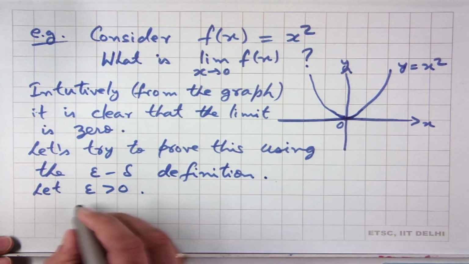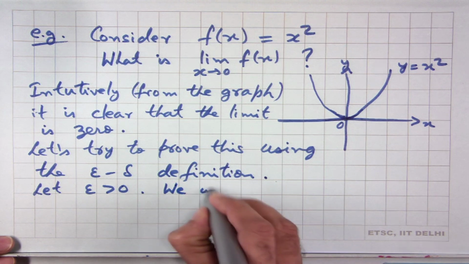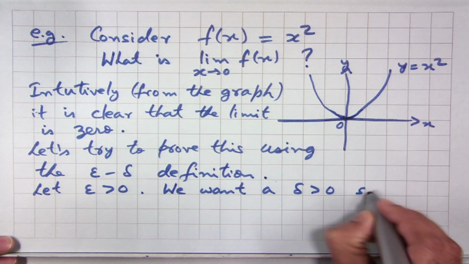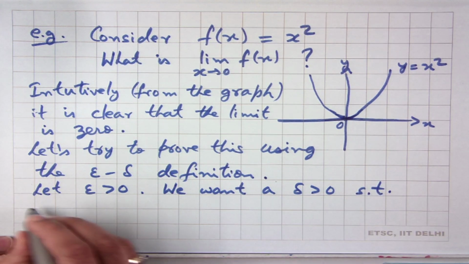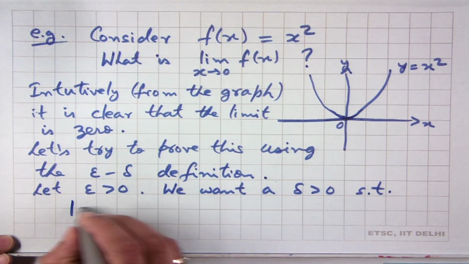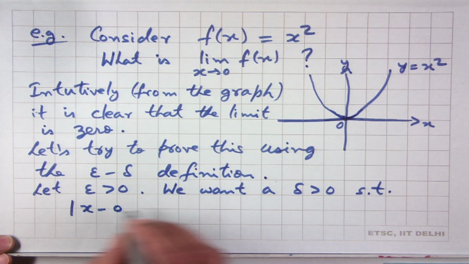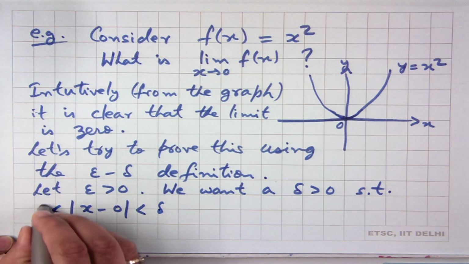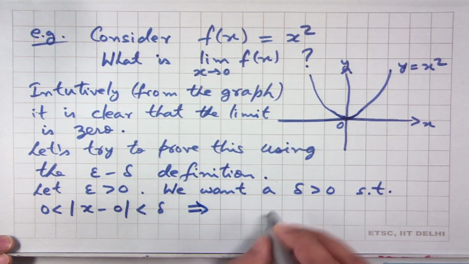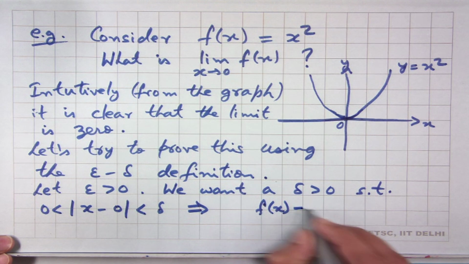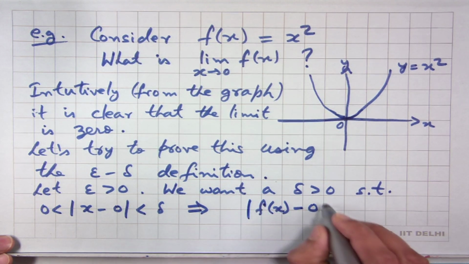What we want is a delta positive such that if mod of x minus 0, a is 0 here, is less than delta and greater than 0, this should imply that mod of f of x minus 0, we are claiming that the limit is 0, should be less than epsilon.